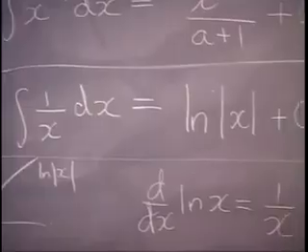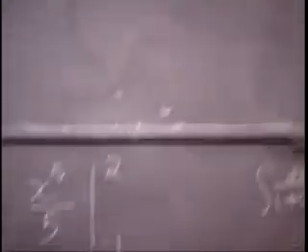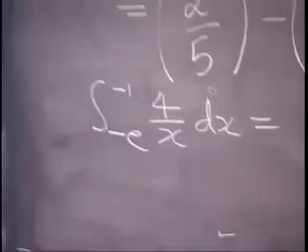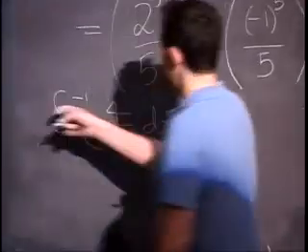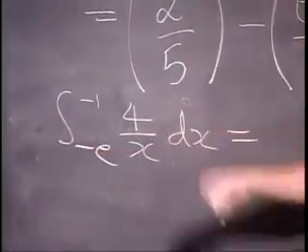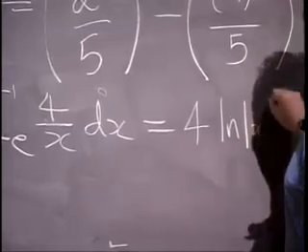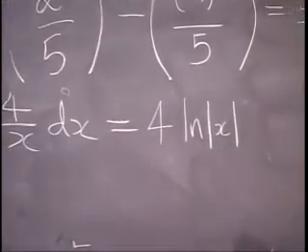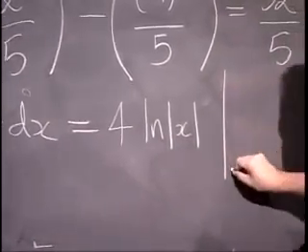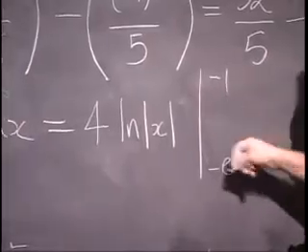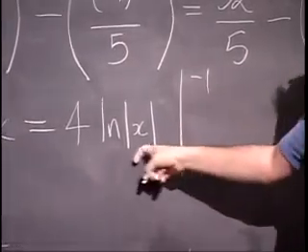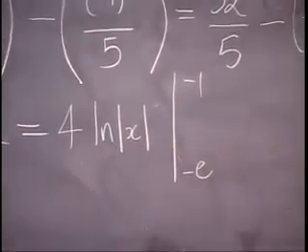So if we come back down here, this is 4 over x. 4 is just a constant, so it can come out: 4 times 1 over x. So you can just write it down as 4 log of absolute value of x. You don't need the plus c. What you need is to go from minus e to minus 1, and make sure this line is big enough so that you don't confuse it with the absolute value here.